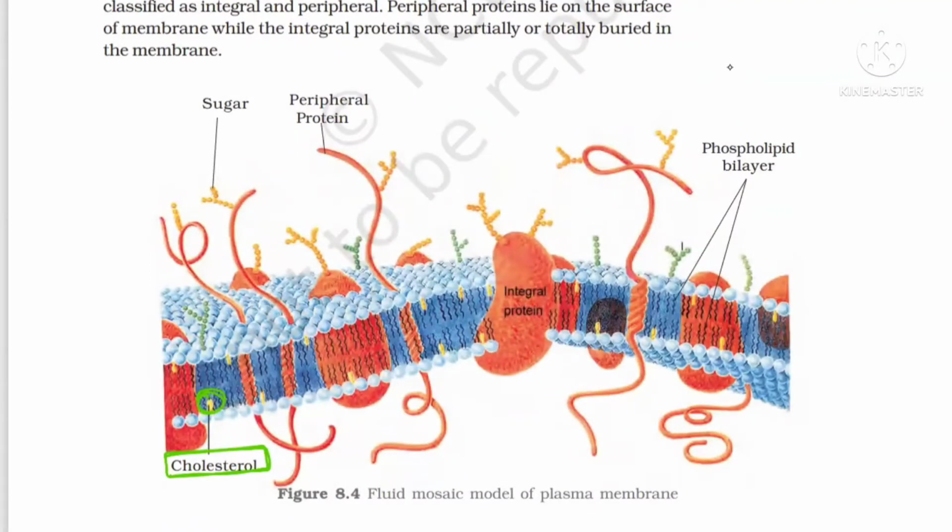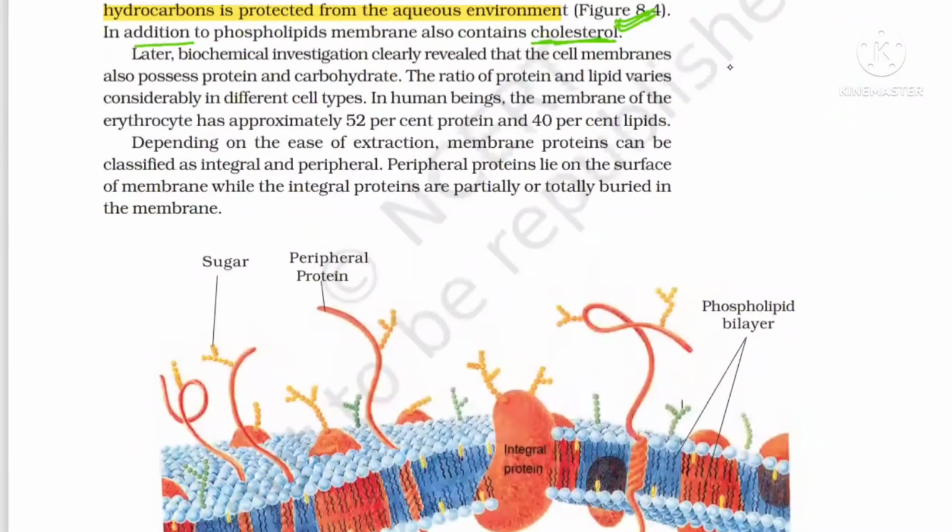So cholesterol prevents it from becoming too fluid. And if the temperature is low, it can become solidified. Cholesterol does not allow it to solidify because its orientation does not allow close packing. Is it clear?